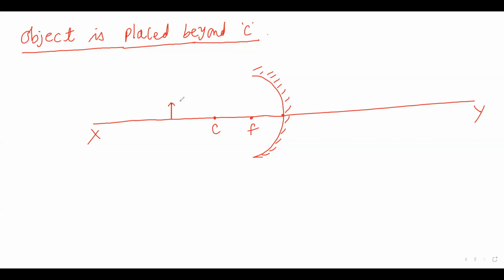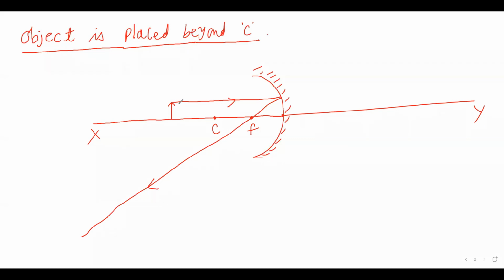Parallel ray, ray parallel to principal axis. After reflection, it will pass through the focus. Okay.